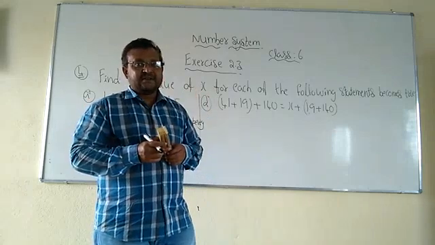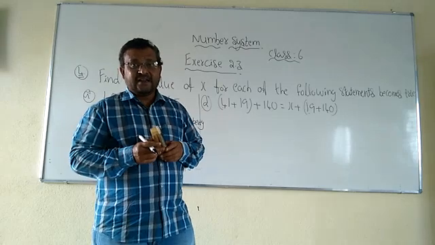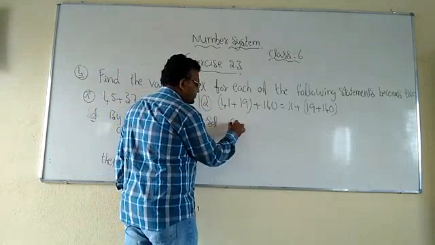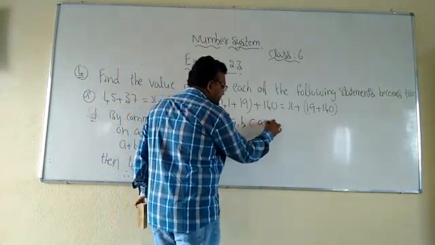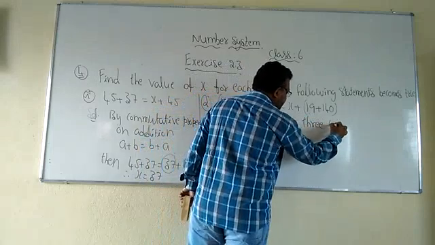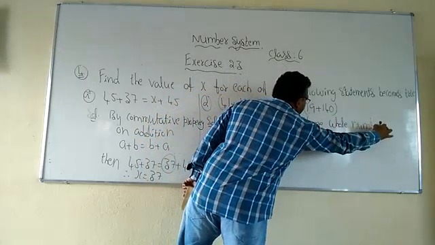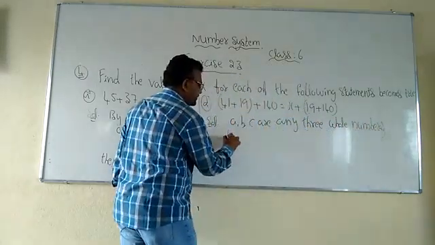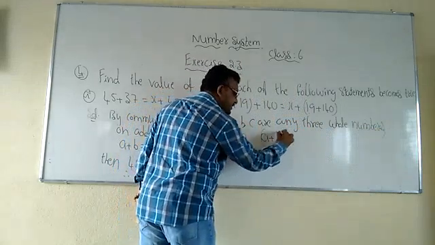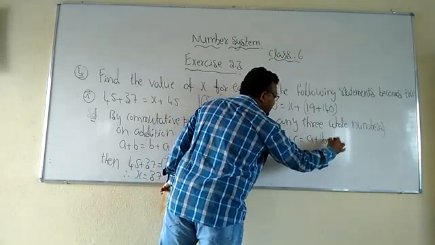Associative property. So if A, B, C are any three whole numbers, then the associative property tells us (A plus B) plus C is equal to A plus (B plus C).